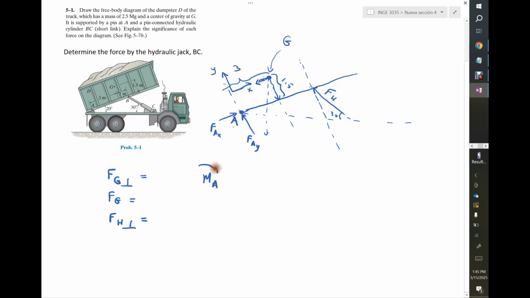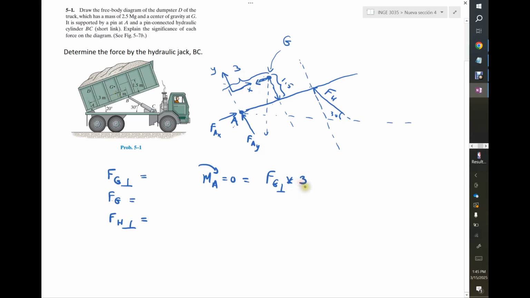The moment at point A, let's say positive in that direction, equals 0. Now there's a perpendicular force, we call that FG perpendicular, that has to be multiplied by the arm, which in this case is a distance of about 3, going from here to here.